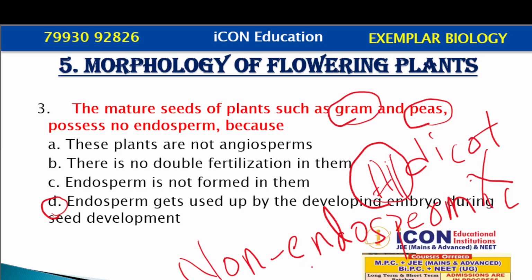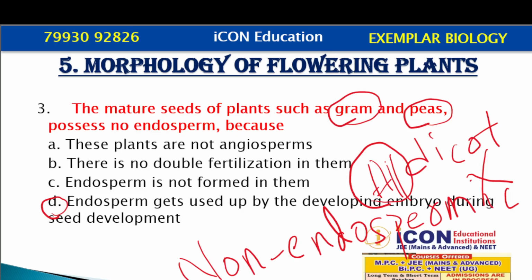Like castor and coconut, these examples are given in the textbook, they are endospermic. So if the word majority or usually or generally is used, that dicot plants are non-endospermic, then the statement will be correct.